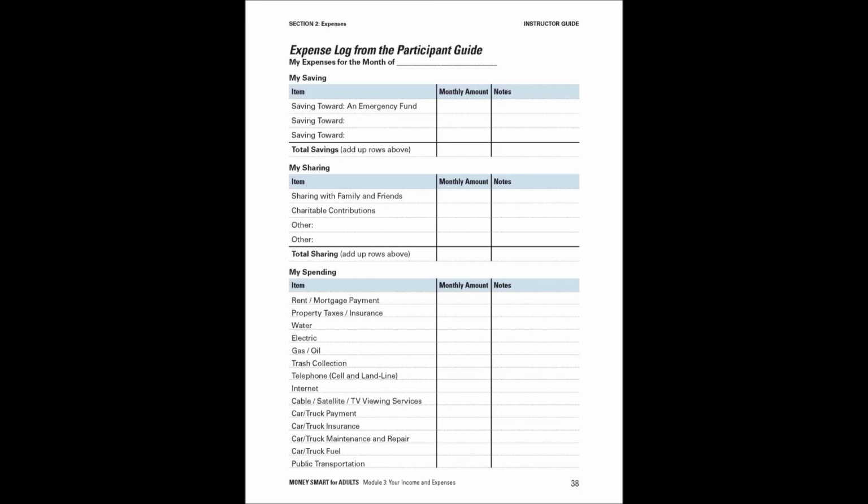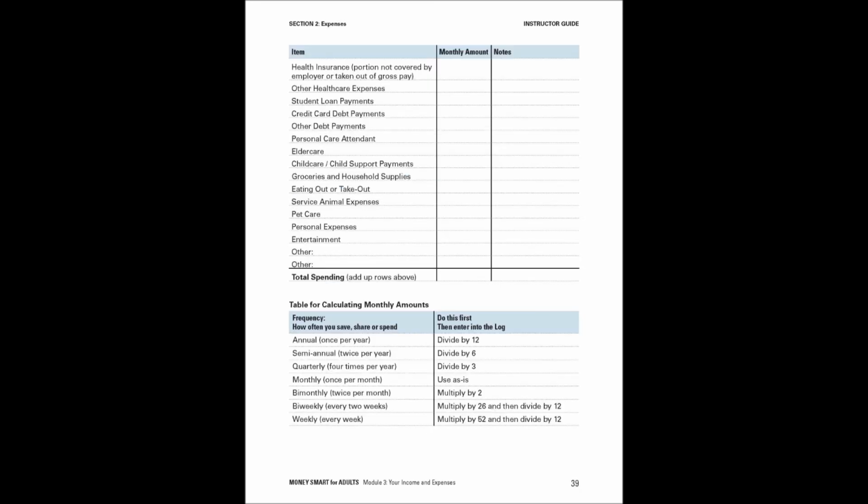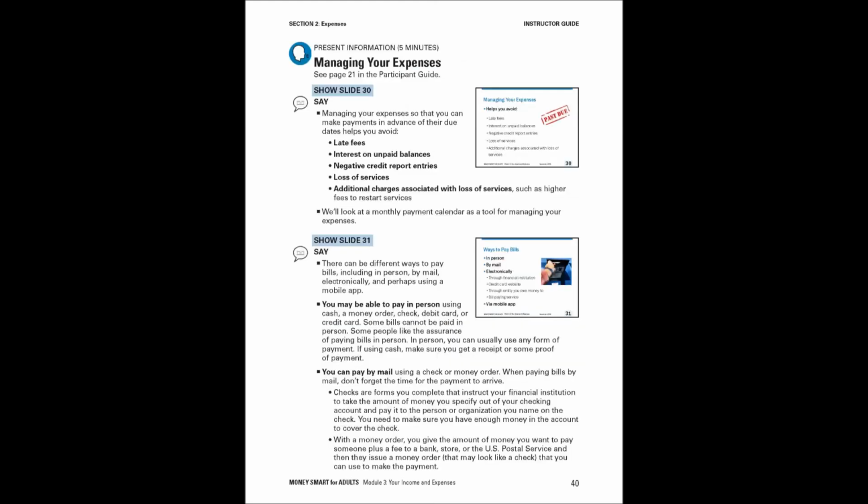And you notice here how even at the bottom of this one, the table for calculating monthly amounts is also listed so that they can convert some of those expenses that are not every month into a monthly amount.